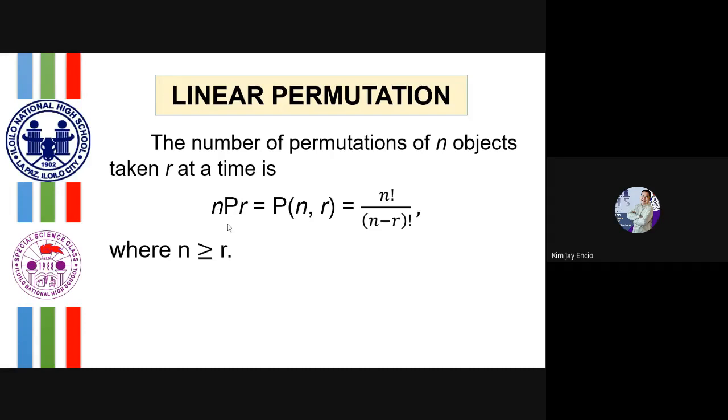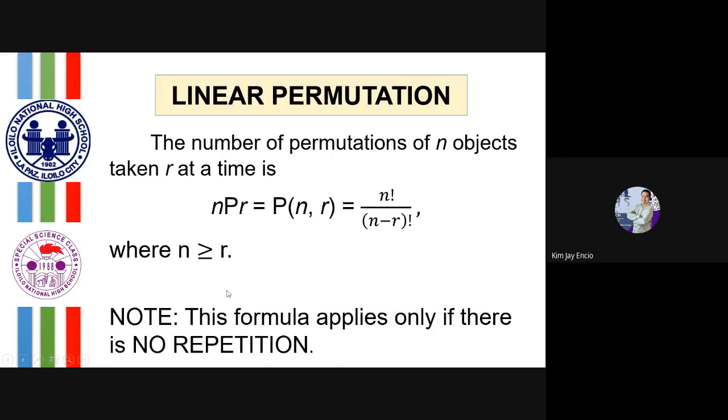That's why we have to know that the number of objects given should be greater than or equal to r, the number of objects you take from the total. And note, however, that this formula applies only if there is no repetition of any element, so all elements are different and none of them are the same.